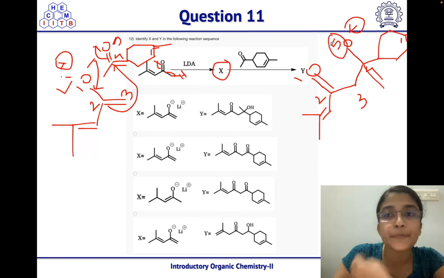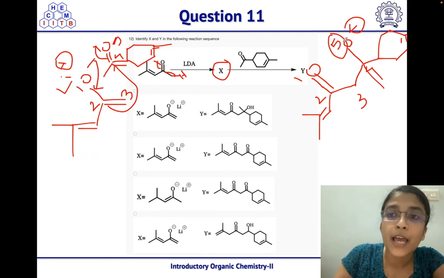So this can abstract proton from the system and it will generate an aldol product.